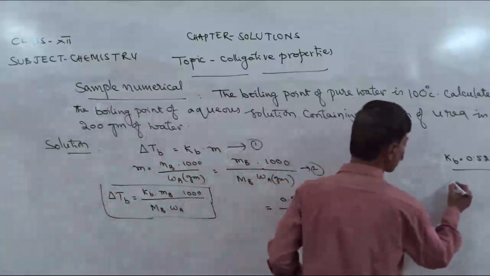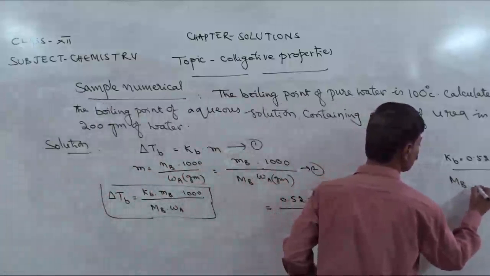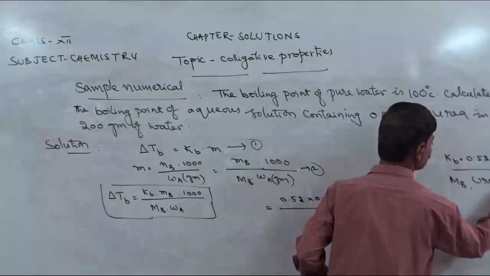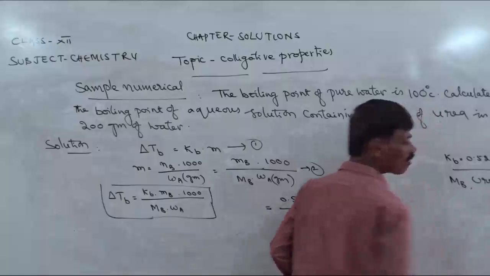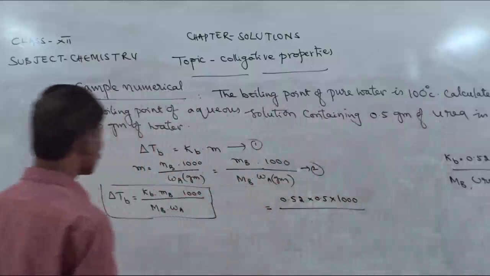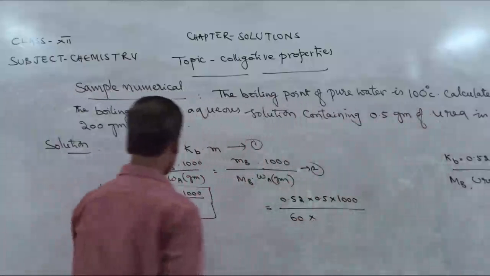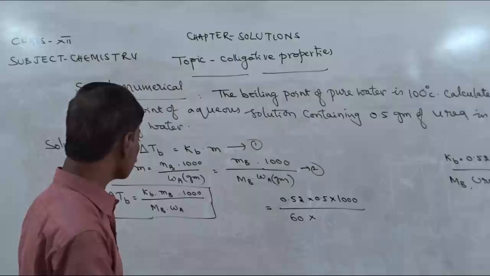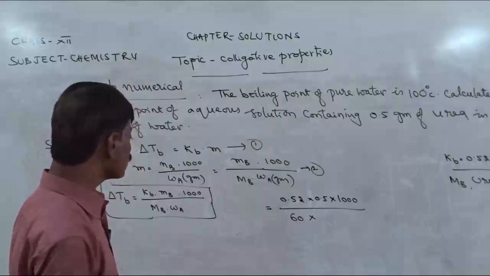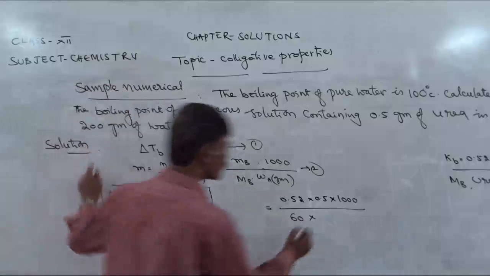The molar mass of urea is 60 grams; if you put all atomic masses, we will get 60, into WA value, that is weight of solvent, 200 grams. It is given.